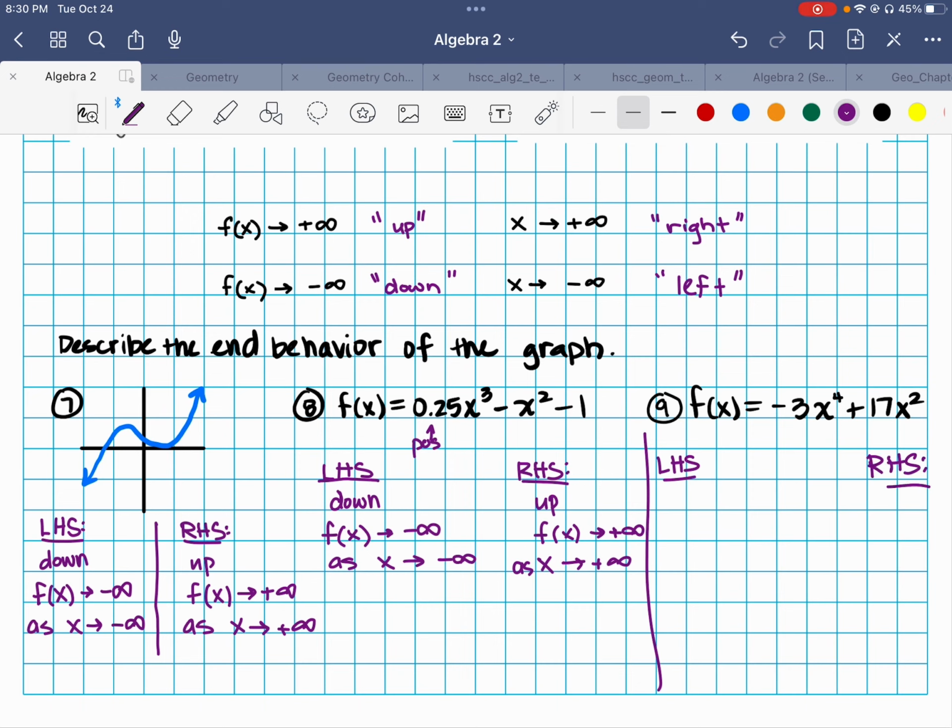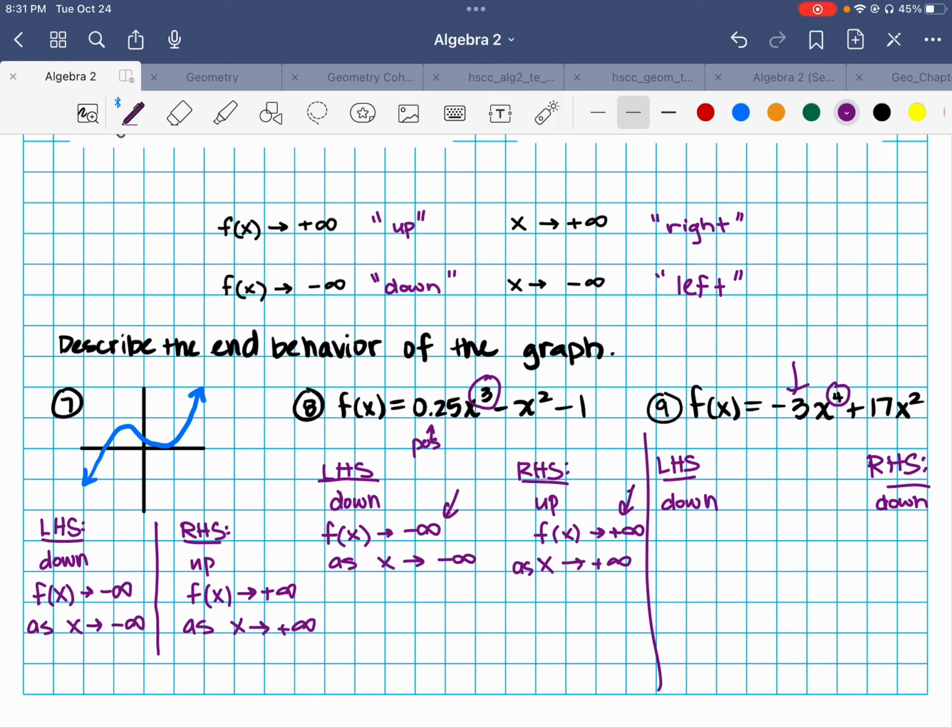Since the lead coefficient is negative, the right-hand side will have to go down. But because the degree of the polynomial is even, we know the left-hand side will have to match it, because even degree will always match what the right-hand side does, whereas odd degree, as in question number 8, does not match it, but goes in the opposite direction.